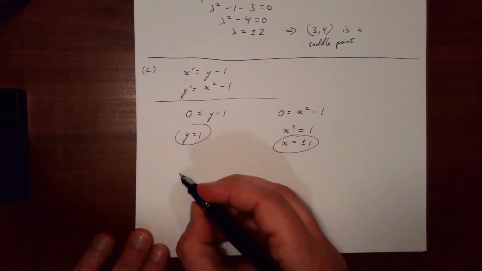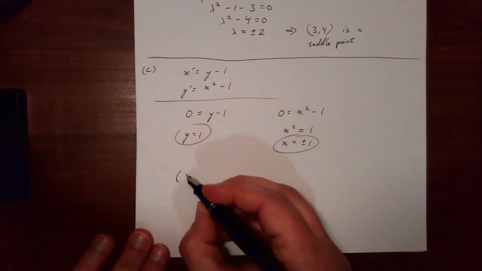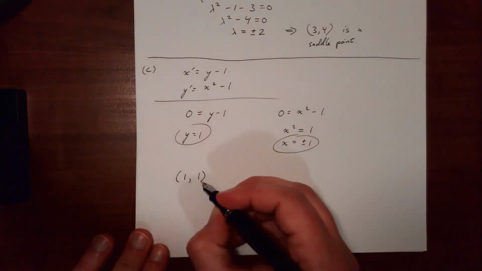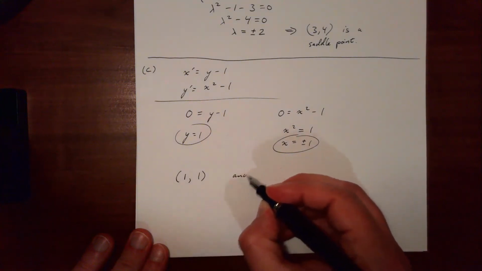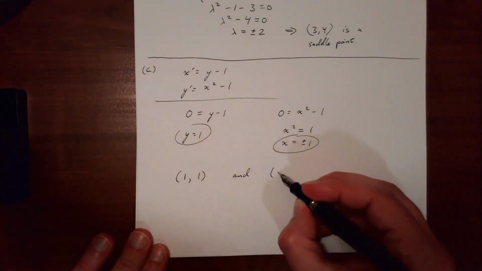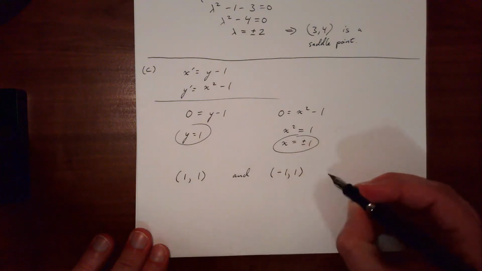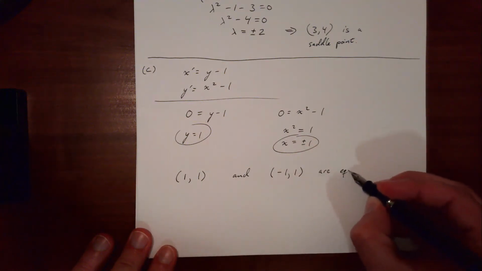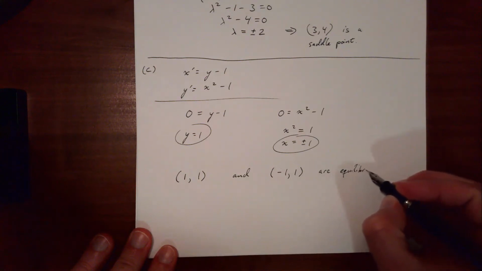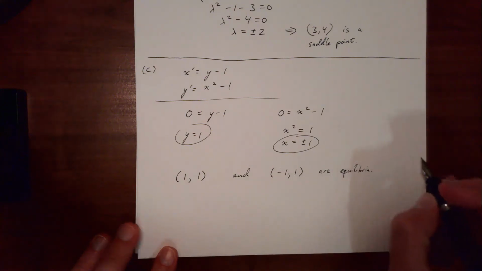And so then that's going to give us 2 equilibrium points: (1, 1) and (-1, 1) are the equilibrium.